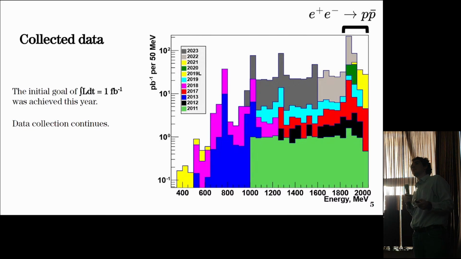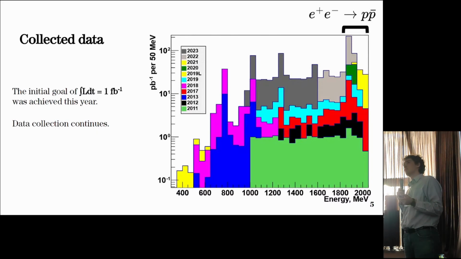And right now, we are obtaining more data in the rho and omega mesons region. It's important for two-pion and three-pion production, which matter for the g-2 of the muon. In my analysis, I cover this energy region.